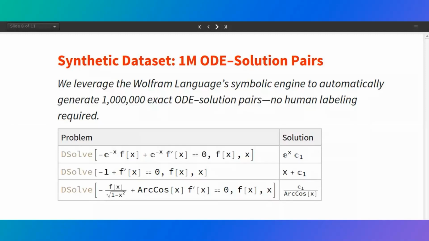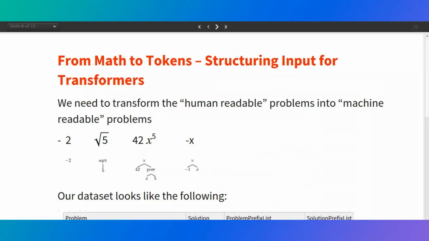And for the model to be able to understand math, as with every language model, we need to encode these math expressions into something that the model can understand, for inputs and outputs. To do so, we need to transform the human-readable problems into machine-readable problems.